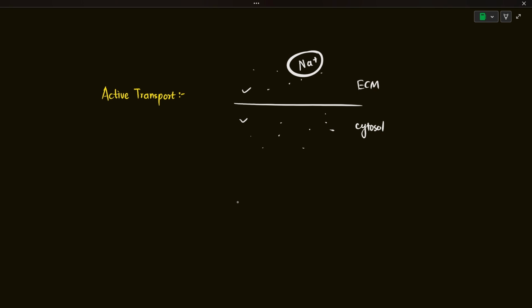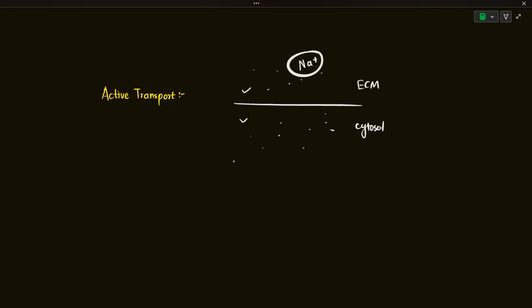There we learned that for maintaining the basic functioning of the nerve cell, the excitability of nerve cells, you need to maintain the difference in the concentrations across the membrane, of sodium ions, chloride ions, and potassium ions. The unequal distribution of any type of ions is very important for basic cell functioning. And to maintain this unequal distribution, what you need is energy, because that is against the basic nature of molecules, right? Whatever is against the basic nature, you are going to need energy for that reaction.